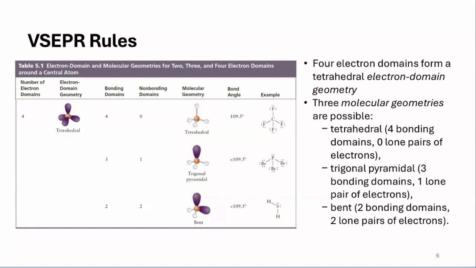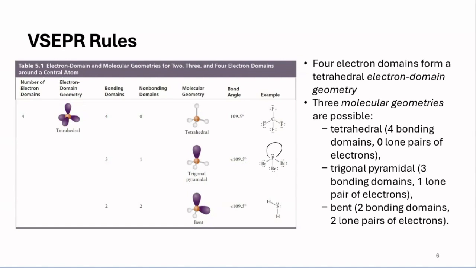The only thing that changes is the molecular geometry. For molecules like this, because there is a lone pair on the central atom, the angle separating these atoms is going to be less than 109.5 degrees.